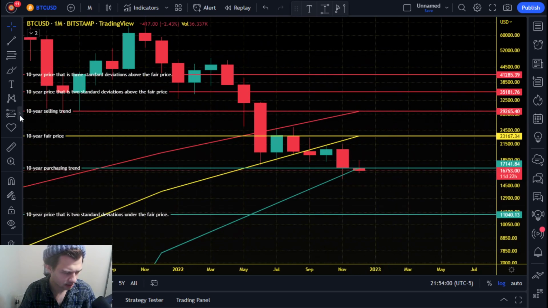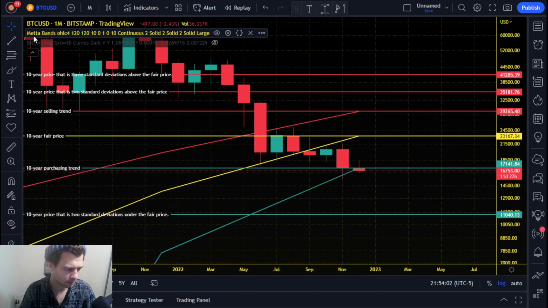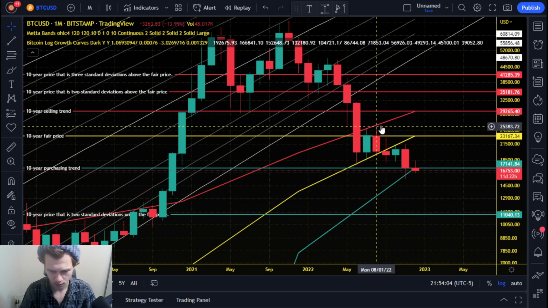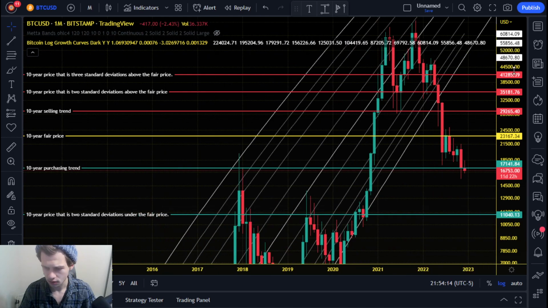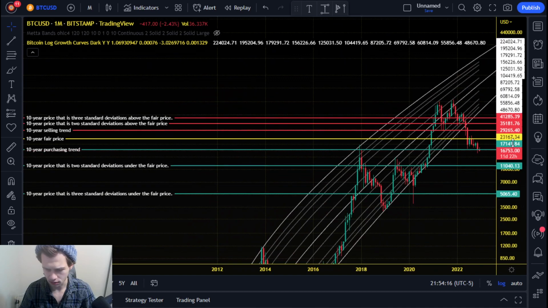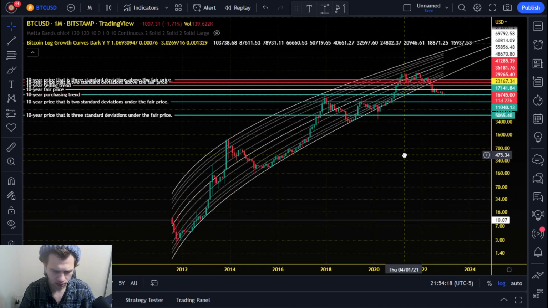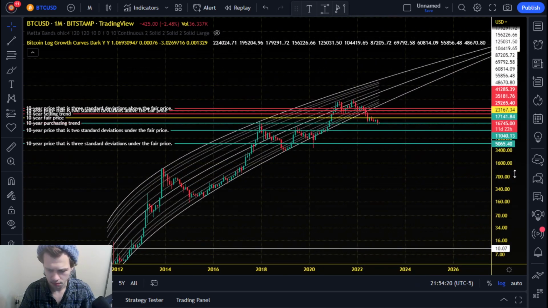Okay, here we go. So this is the logarithmic growth curve. They essentially assert that if the logarithmic trend as a whole follows, this is where price will correct to.